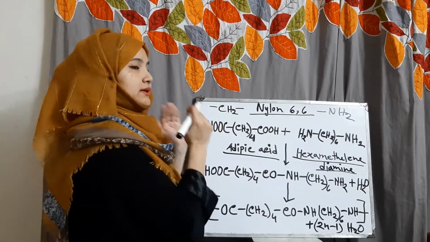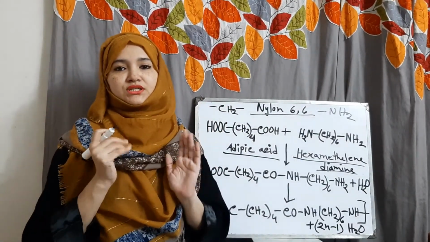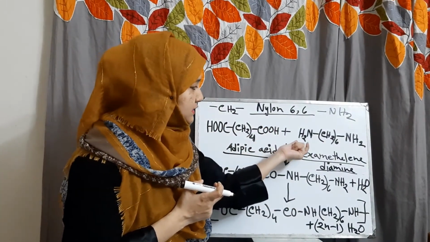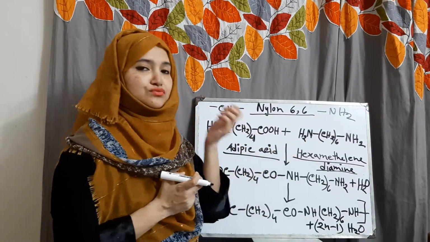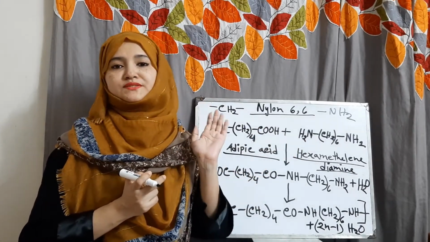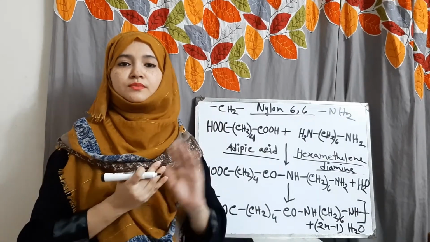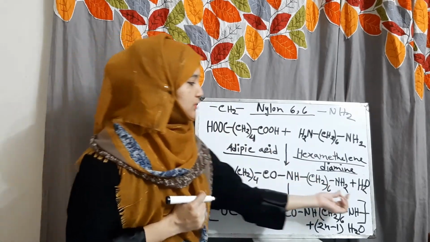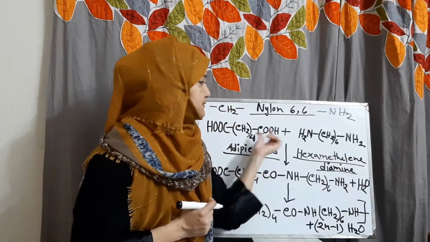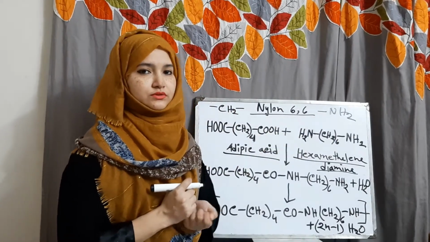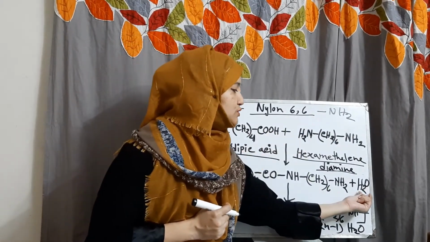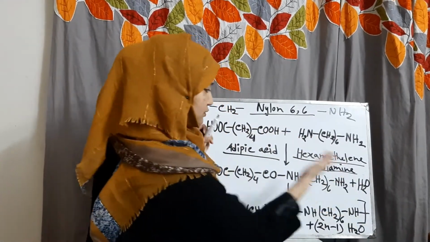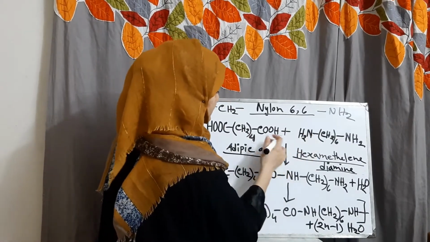Now, here condensation polymerization occurs, and we know already that in condensation polymerization one simple small molecule has to be removed from the monomer units. Here a water molecule is removed from these 2 monomer molecules. From these 2 monomer molecules, one water molecule is eliminated. Then how does it happen? Let's see.